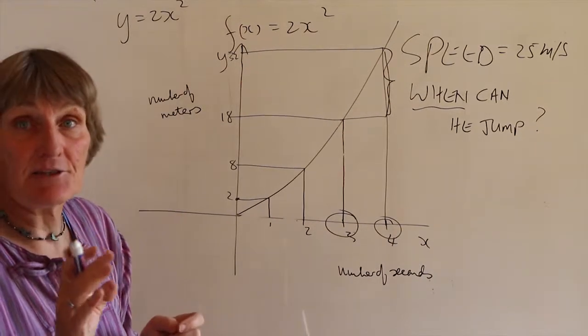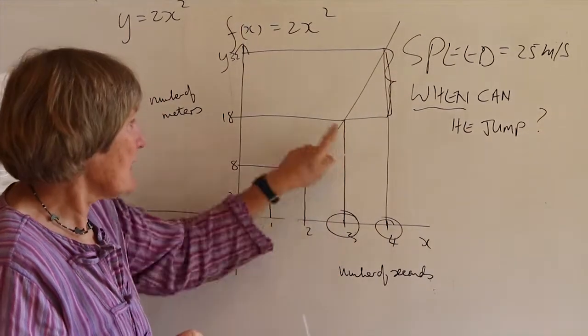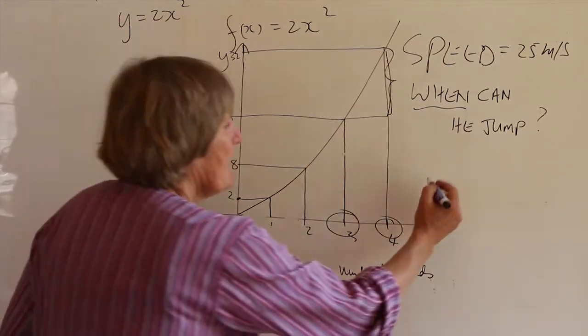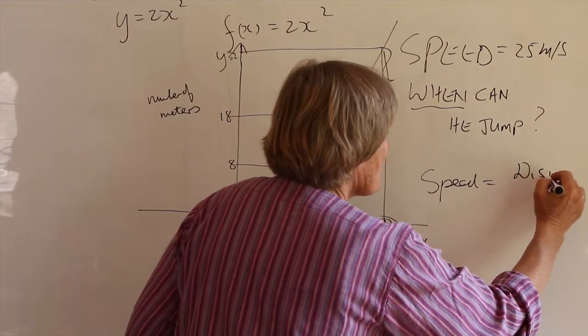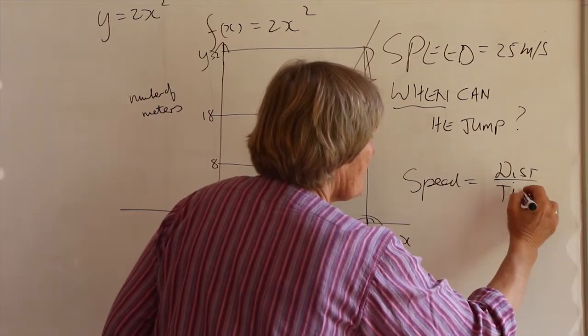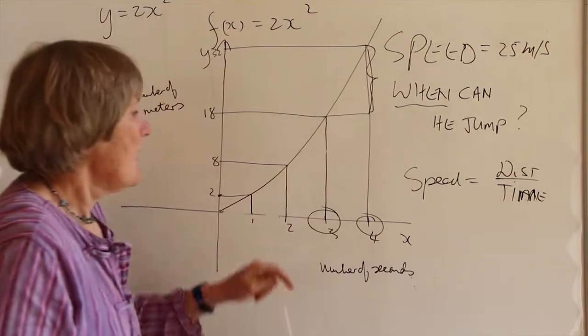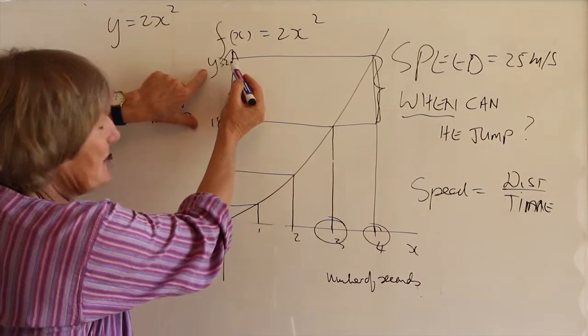So, let's look at his speed at 3 seconds. At 3 seconds, he's gone 18 meters. Speed is distance over time. So, what happened? 18 to 32.